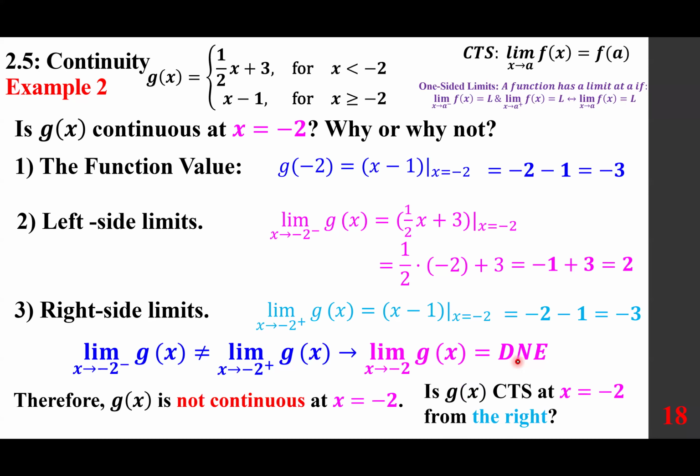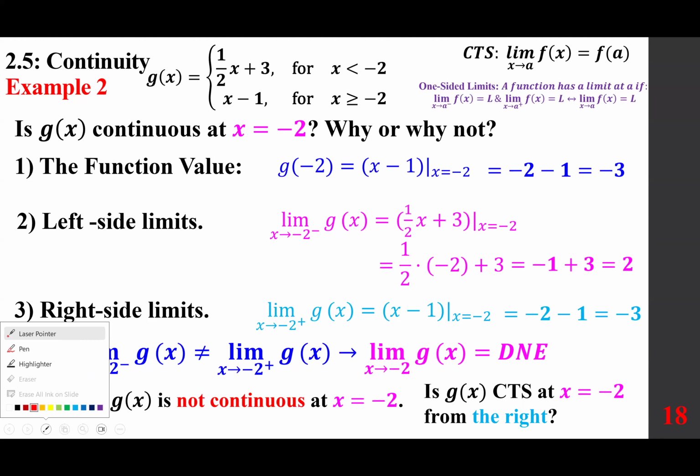However, one may look at it in the following manner. Is g of x continuous at x equals -2 from the right? It could be continuous one-sided. Nevertheless, it doesn't change the fact that it's discontinuous at x equals -2.